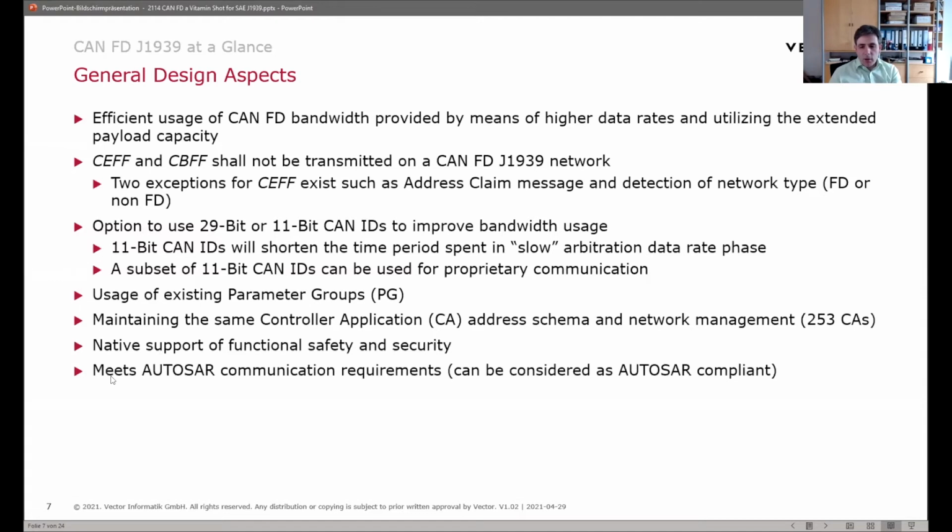And then what is also really worth mentioning, because this was one of the requirements that especially comes from European OEMs, is that this new protocol can be met with AUTOSAR protocol stacks. It does not mean that every detail of the protocol is automatically enabled within AUTOSAR, but CAN FD J1939 can be integrated by means of AUTOSAR mechanisms very easily. And so you don't need to tweak AUTOSAR too much to implement J1939 compliant communication.